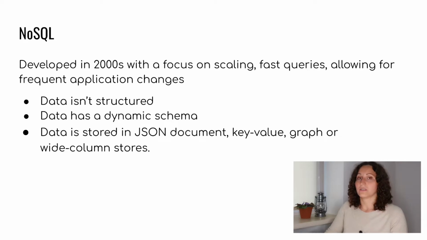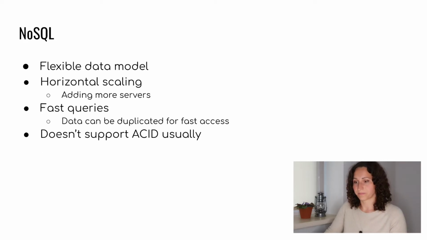And which is really cool, because the data model is flexible, and that is great. But one of the most important properties of such databases is horizontal scaling. When you have a lot of data, really a lot of data, usually you can't put all this data onto one machine, one server. And one of the most important advantages of NoSQL databases is horizontal scaling.